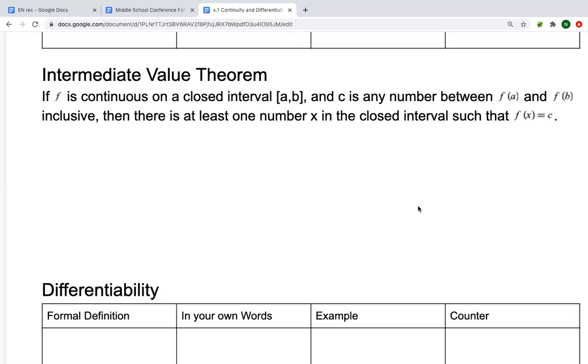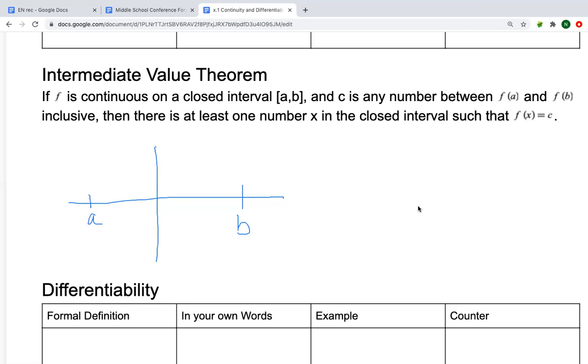So the intermediate value theorem states that if f is continuous on a closed interval from a to b, so if a function is continuous, meaning I don't pick up my pencil from a to b, and c is any number between f of a and f of b, then there is at least one number x in the closed interval such that f of x equals c. Now, this sounds really complicated, but I consider it common sense.